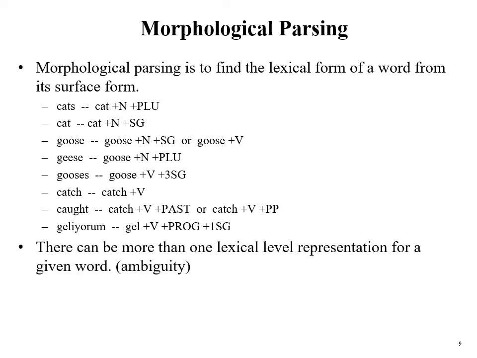In the present indefinite, when you use it with a third person, you have to add s or es. So you have to write goose plus verb plus third person singular.